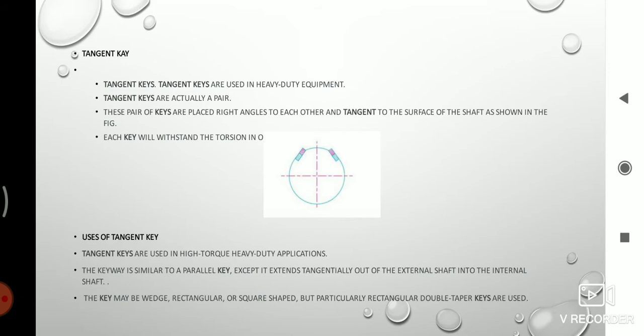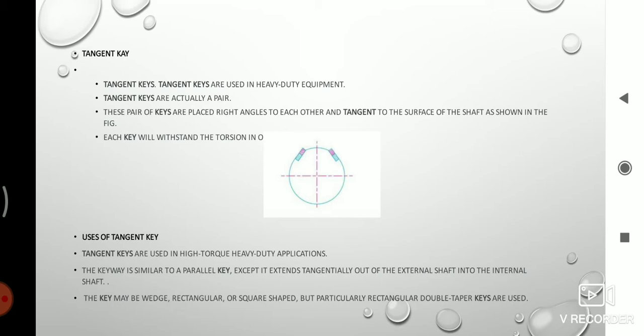Tangent key. Tangent keys are used in heavy duty equipment. Tangent keys are actually a pair. The pair of keys are placed at right angles to each other and tangent to the surface of the shaft as shown in the figure.